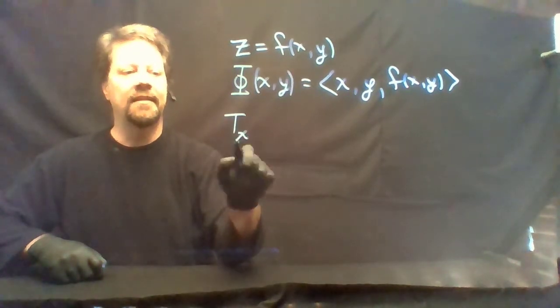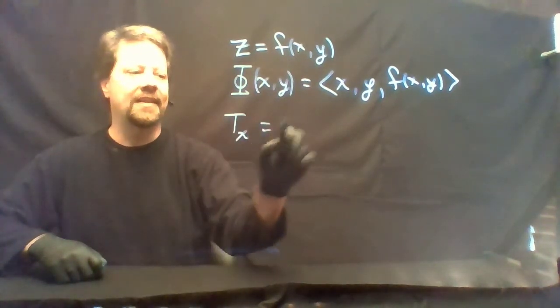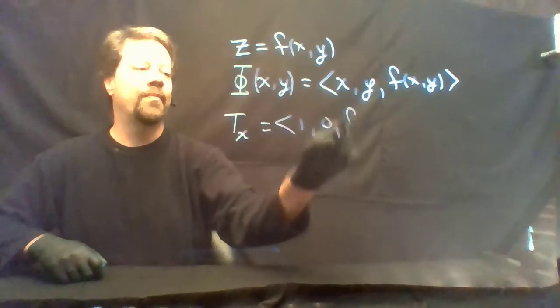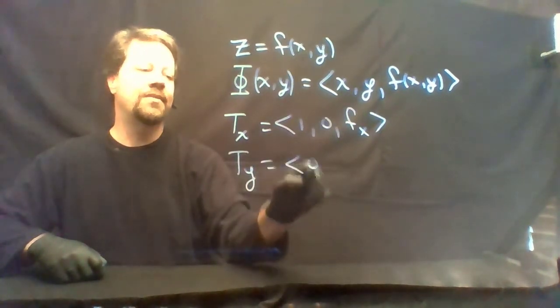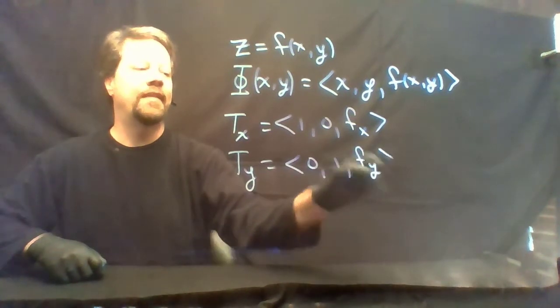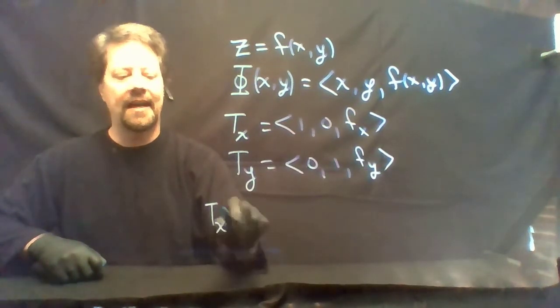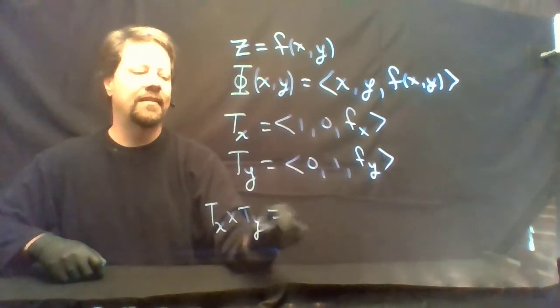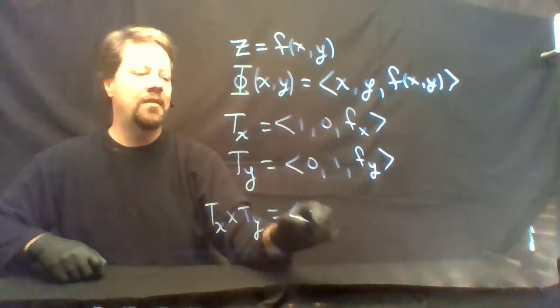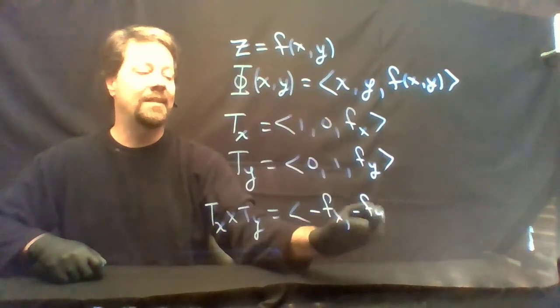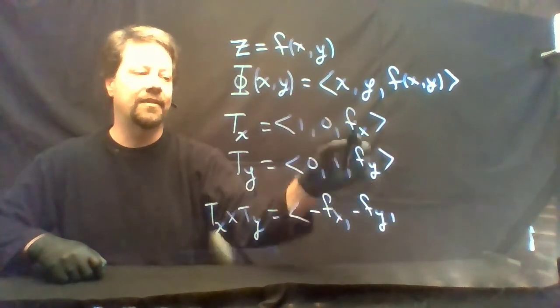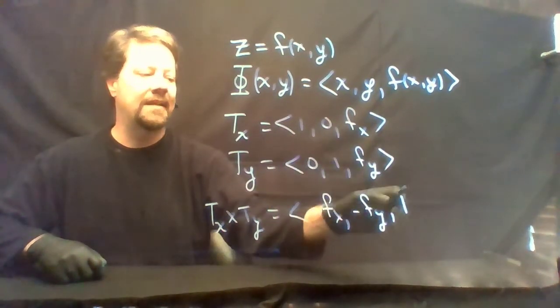You can see that the tangent vector Tx will be 1, 0, fx, and Ty will be 0, 1, fy. Tx cross Ty then is minus fx, minus fy because of the negative on that cofactor, and then positive 1.